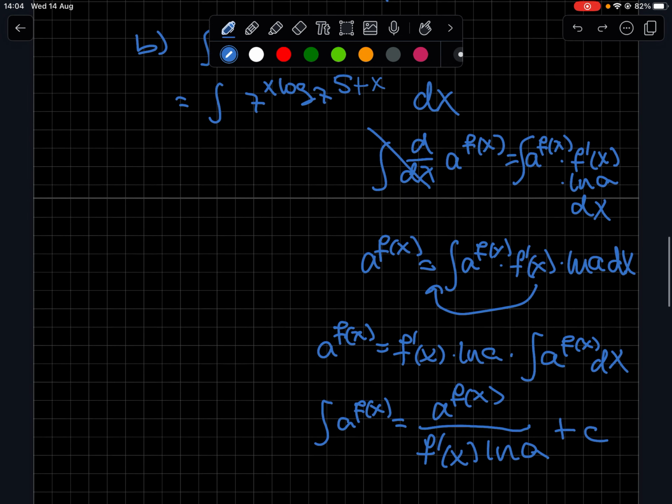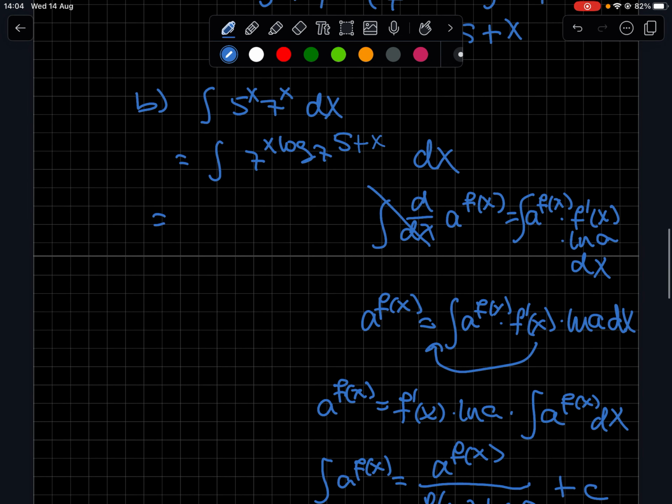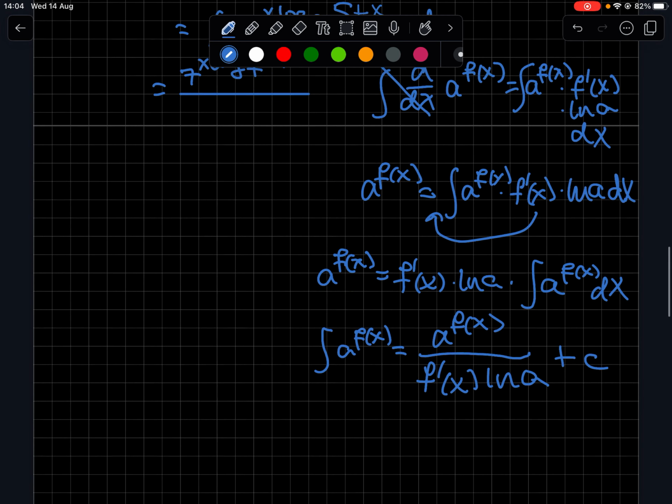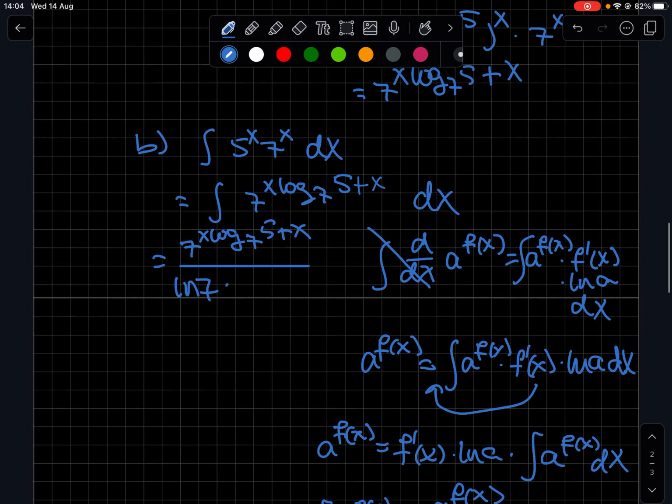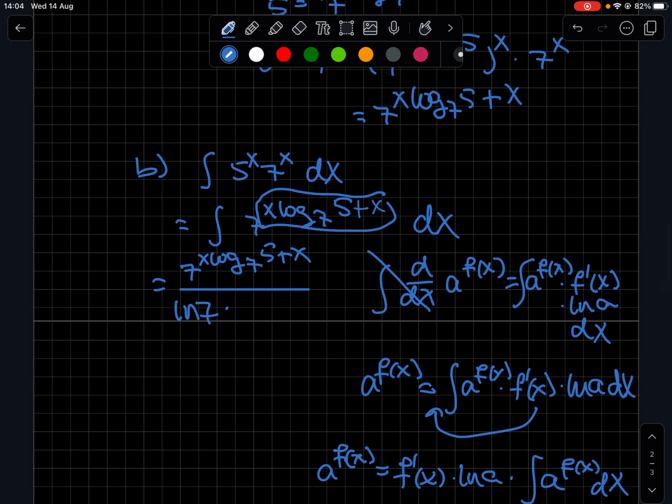Our a to the power of f of x is going to be 7 to the power of x log base 7 of 5 plus x. And then we have an ln of 7. And f dashed of x is the derivative of the exponent, which is log base 7 of 5 plus 1. Yes.